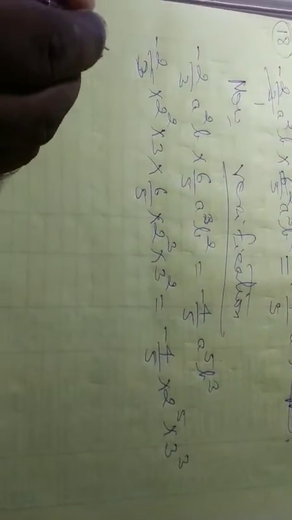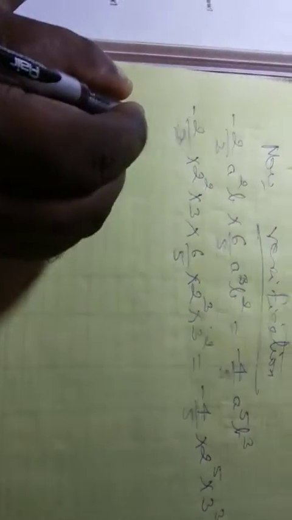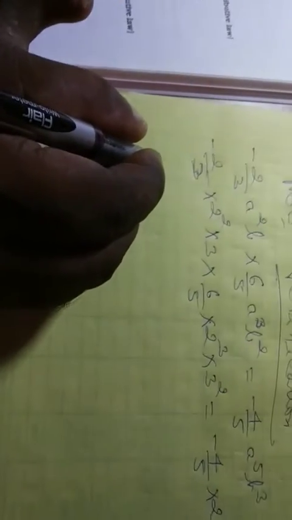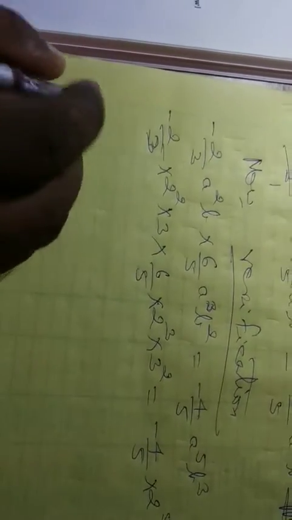Now when we solve it, 3 1 is 3, 3 2 is 6.